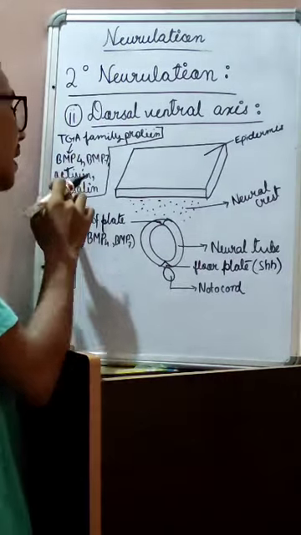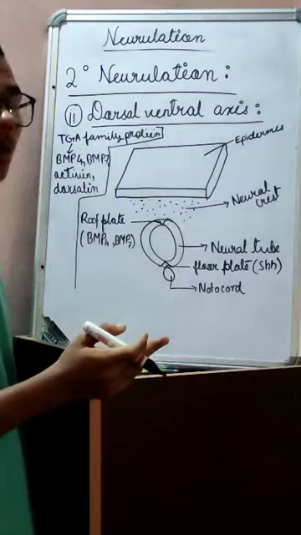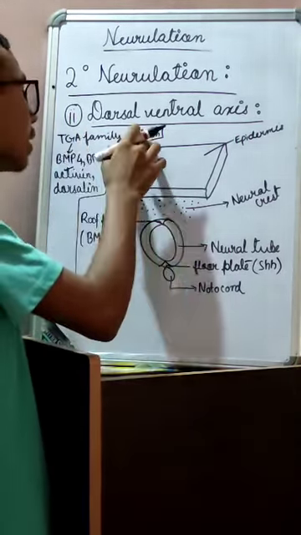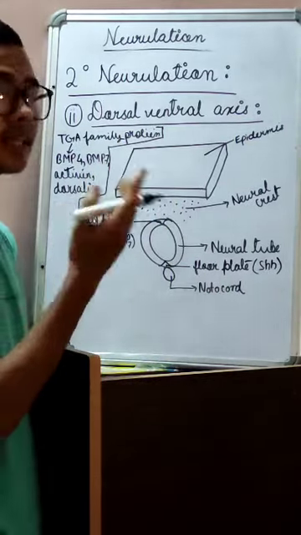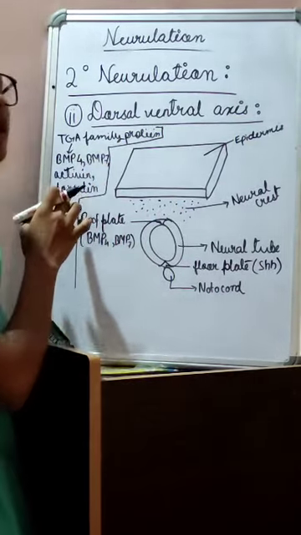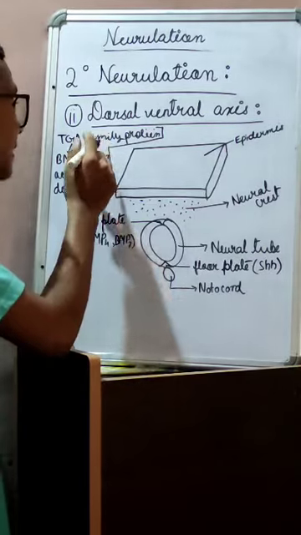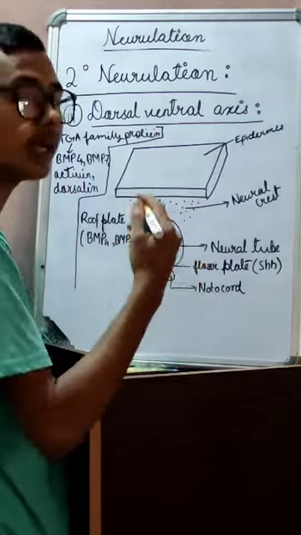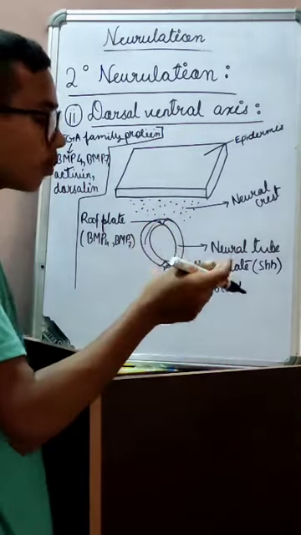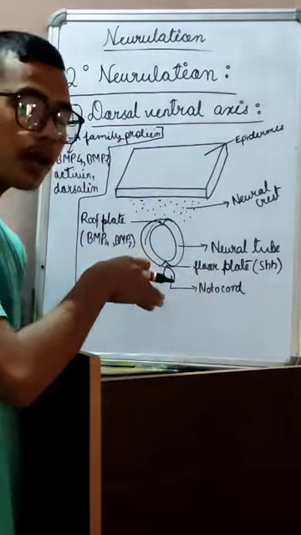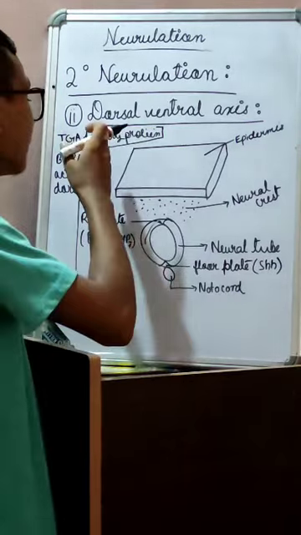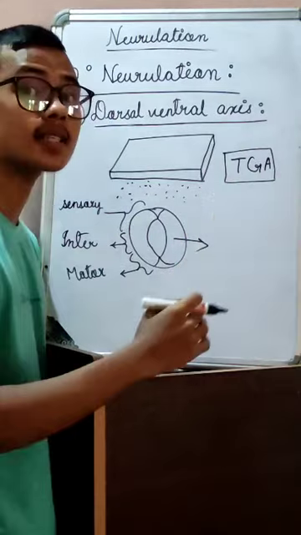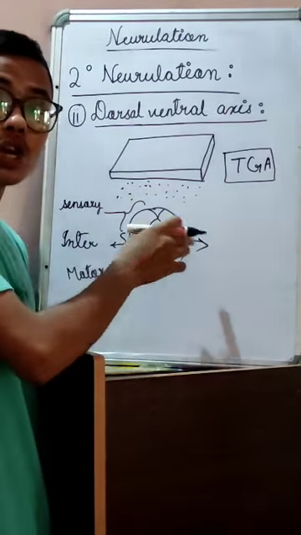Now see, this BMP4 protein also triggers the formation of TGF-beta family proteins. These are BMP4 itself, BMP7, activin and dorsalin. These TGF-beta family proteins form a protein gradient, and from dorsal to ventral the concentration of this protein becomes lower. This gradient starts forming neurons in the neural tube.